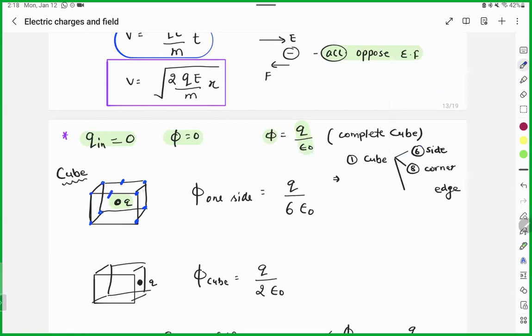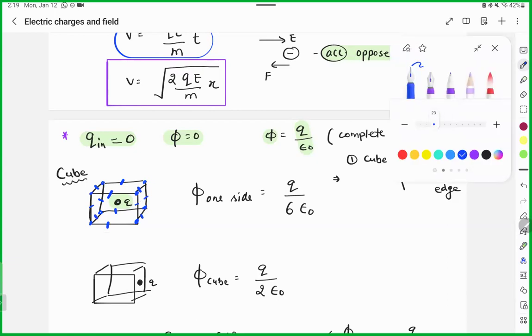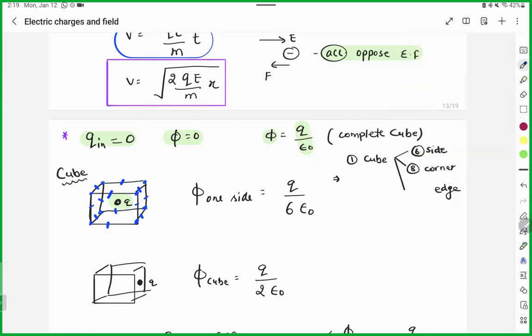One, two, three, four, five, six, seven, eight, nine, 10, 11, 12. 12 edges. Understood? Each line is one edge.